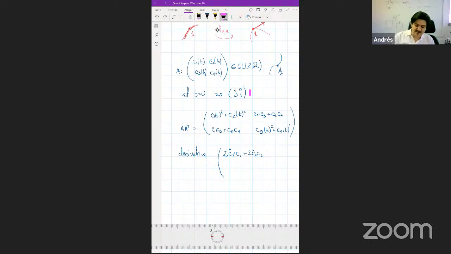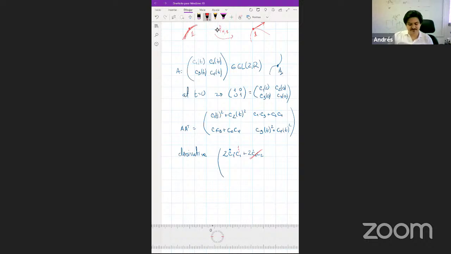For instance, here, what you know is c1 at 0 is 1, c2 at 0 is 0, 0, and 1. When you evaluate at 0, this is going to vanish. This is going to be equal to 1. So you have only 2 times the derivative.